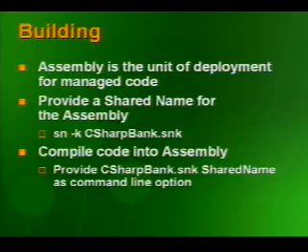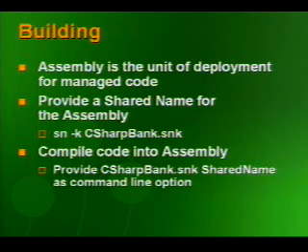So a couple of talks have spoken about assemblies. The general concept for an assembly is it's the collection of all the parts which are needed for your component. And for your assembly to be used by COM+ services, you need to provide a shared name.